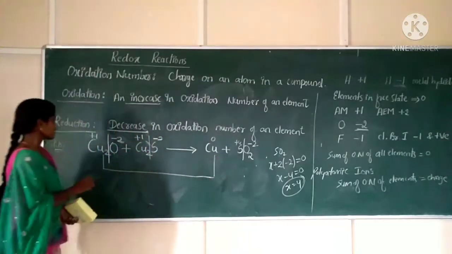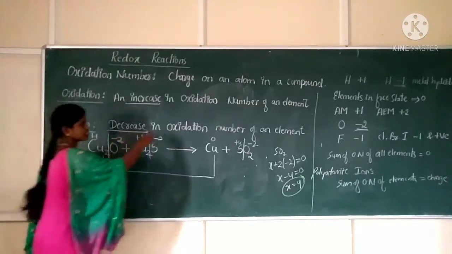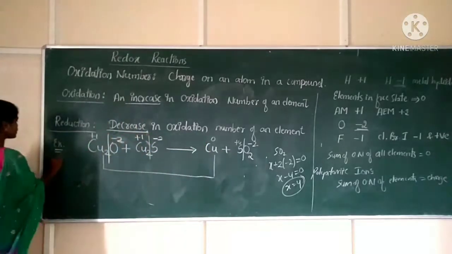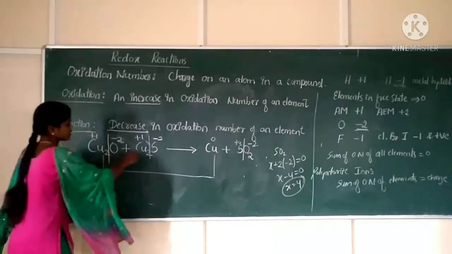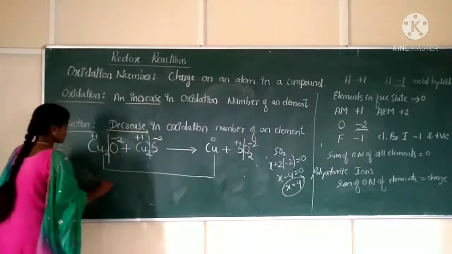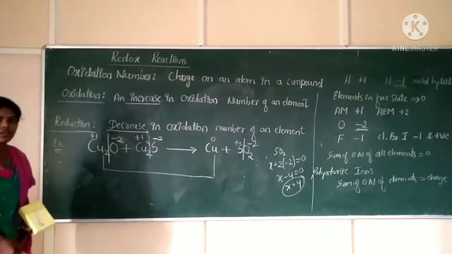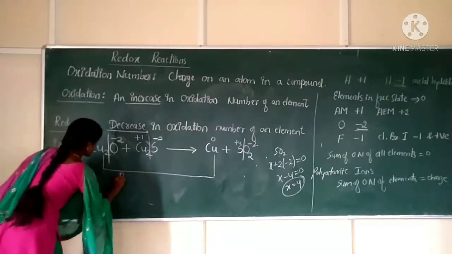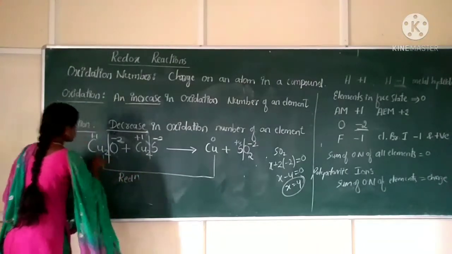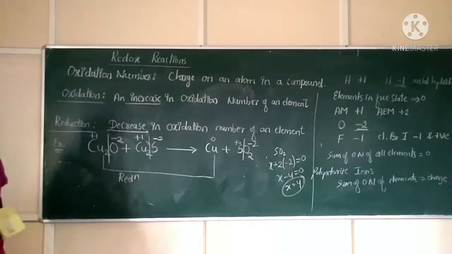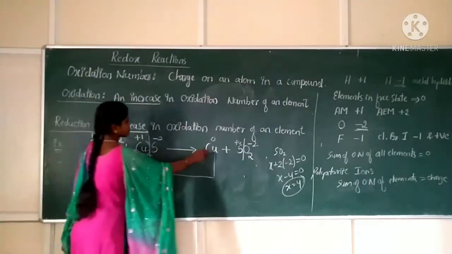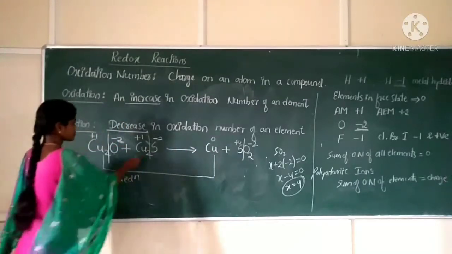Copper +1 changes into 0, which is a decrease. A decrease in oxidation number is called reduction. So Cu2O undergoes reduction; Cu2O is reduced to form Cu.